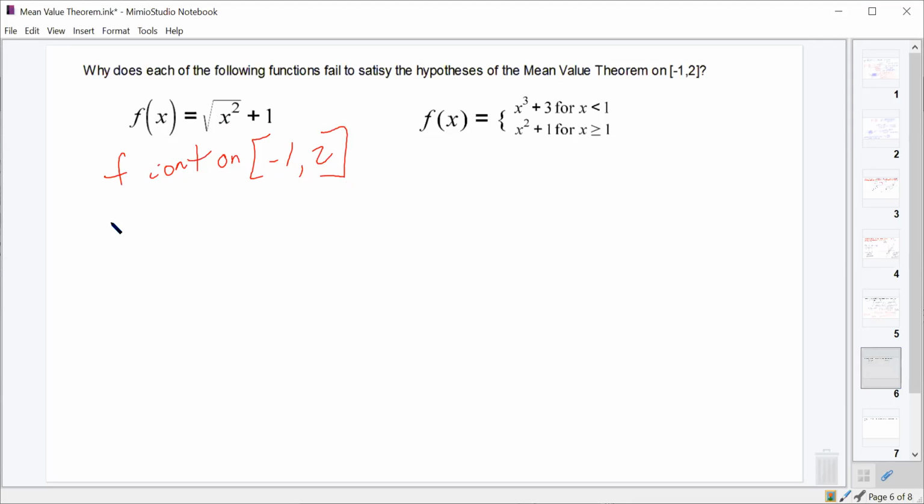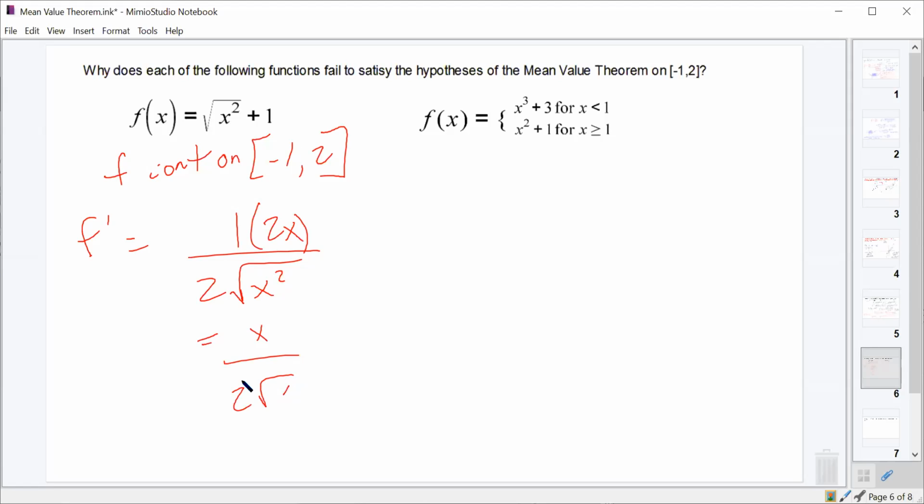But what about differentiable? So the derivative of this, f prime, ought to be 1/2 root x squared times the derivative of x squared, or x over root x squared. Right? And can I have this exist for every value between -1 and 2?